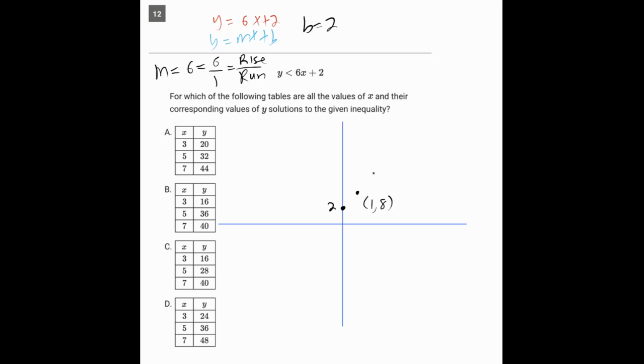Going up 6 and over 1 again: (2, 14), and continuing it, (3, 20), (4, 26), (5, 32), and just a little bit more here, (6, 38), and (7, 44).